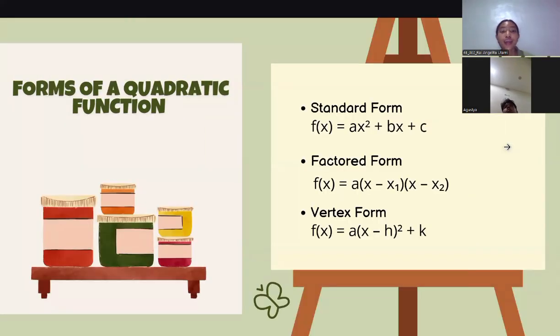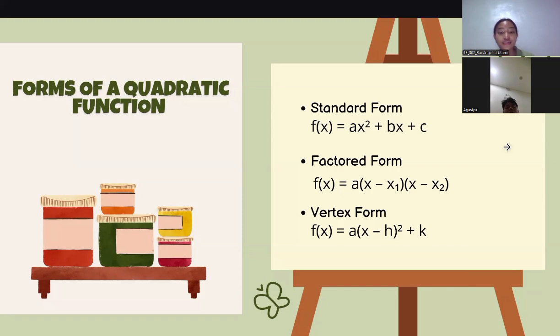Now, let's look at this slide. We are going to study the three standard forms of a quadratic function. Remember, even though these three mathematical expressions look different, they can represent the exact same graph.